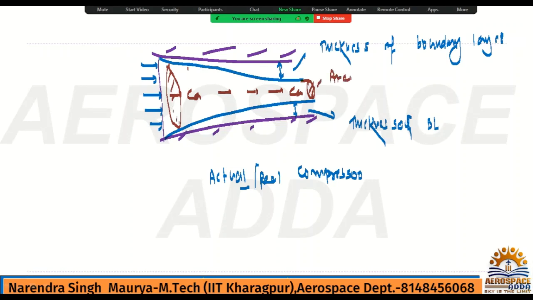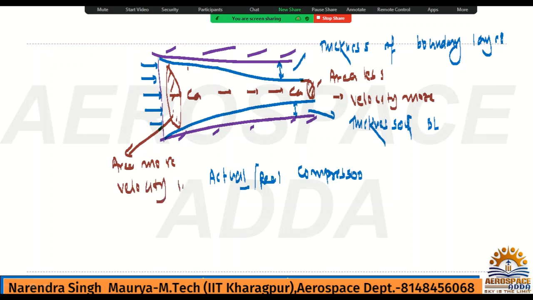Area less, so velocity more. Here area more, velocity less. That concept you know.